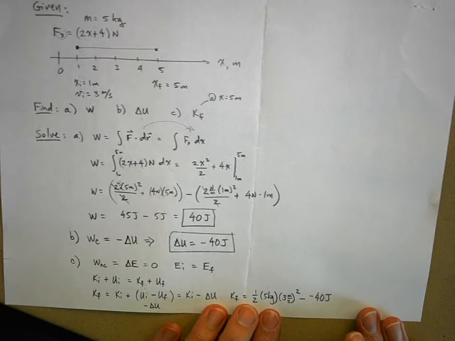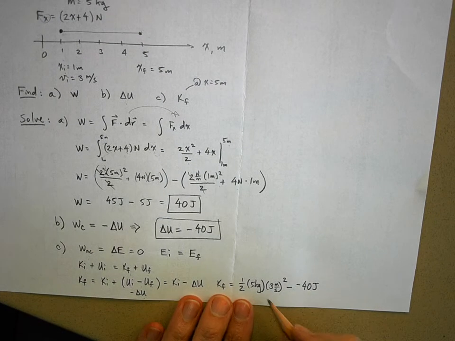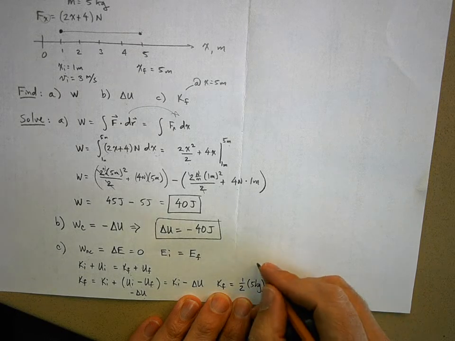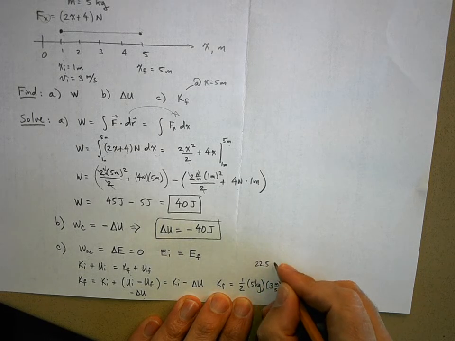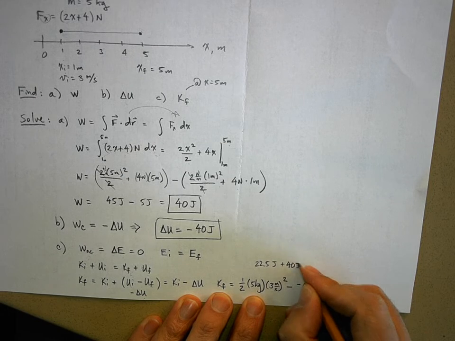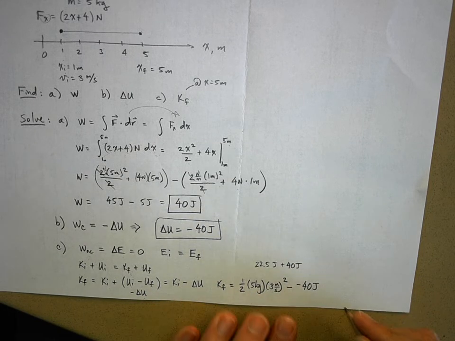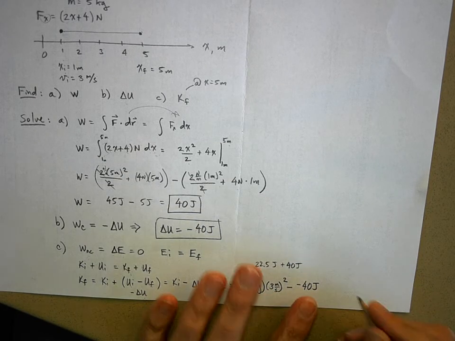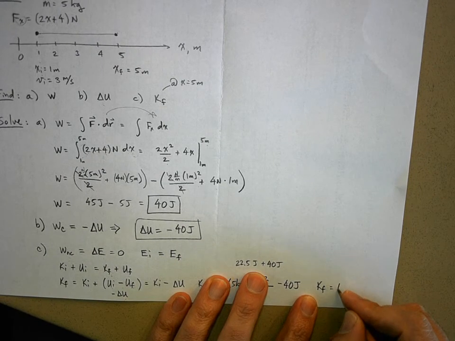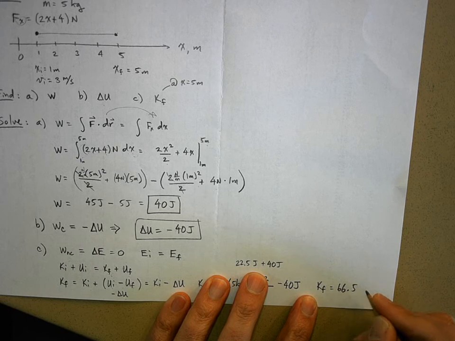But in any case, what is this? This is 9 times 5 is 45. 45 divided by 2 is 22.5 joules plus 40 joules. So the final kinetic energy should be 66.5 joules. Or, I'm sorry, 62.5 joules.